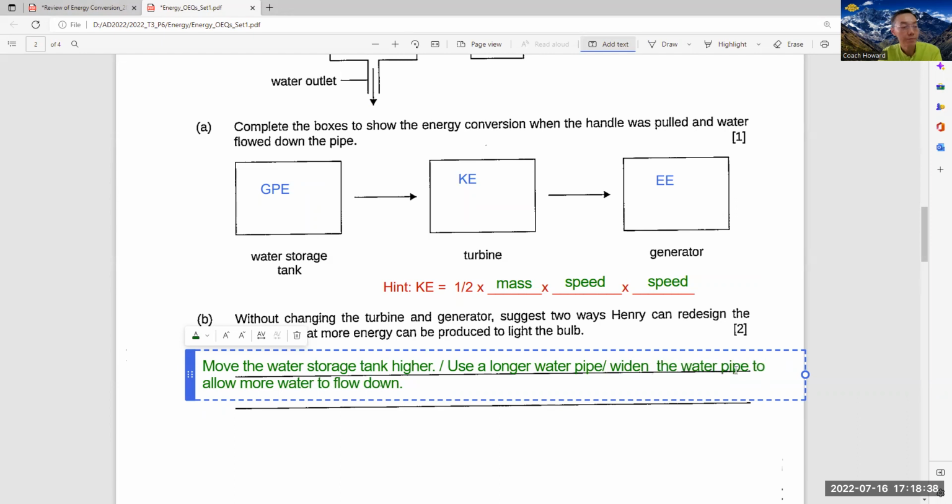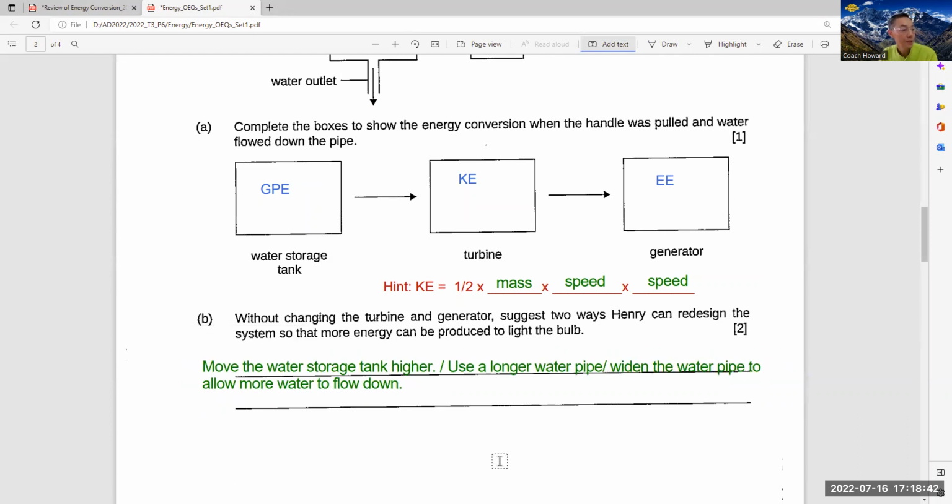Widen the water pipe to allow more water to flow. So these are the possible answers. Same thing, I will screenshot this and send it to you now. This one is quite simple. You move the water tank higher. By moving higher, you have more GPE, so more GPE will be converted to more KE.